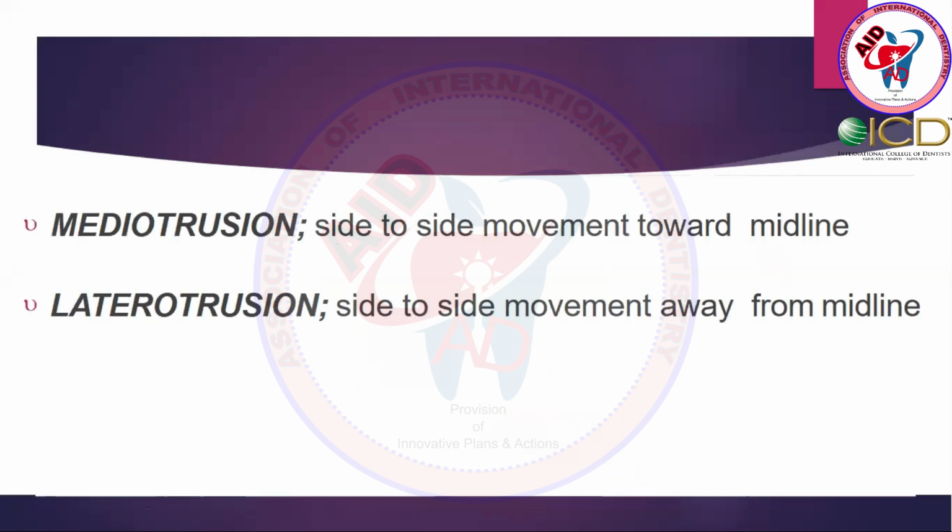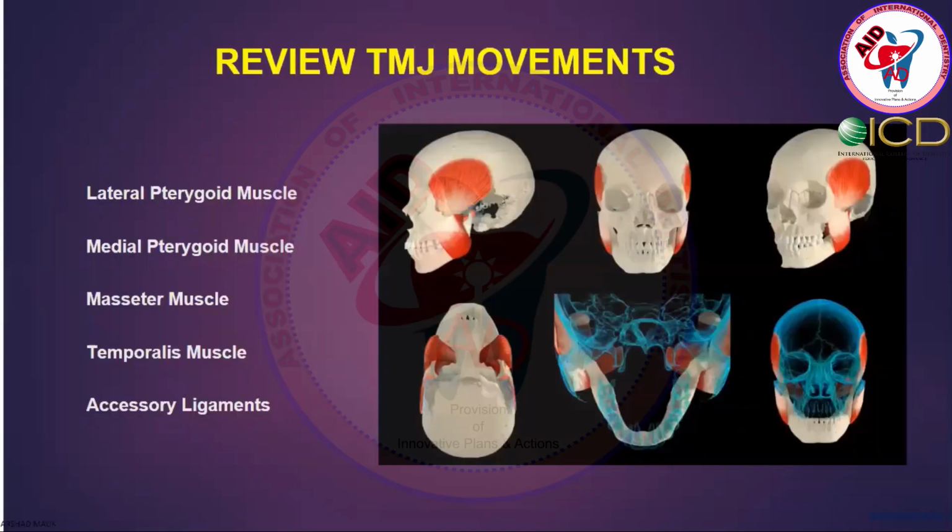Medial excursion is side to side movement towards the midline, and lateral excursion is side to side movement away from the midline. It is done by the medial and lateral pterygoid muscles. Ladies and gentlemen, that's the end for the temporomandibular joint, all the movements.